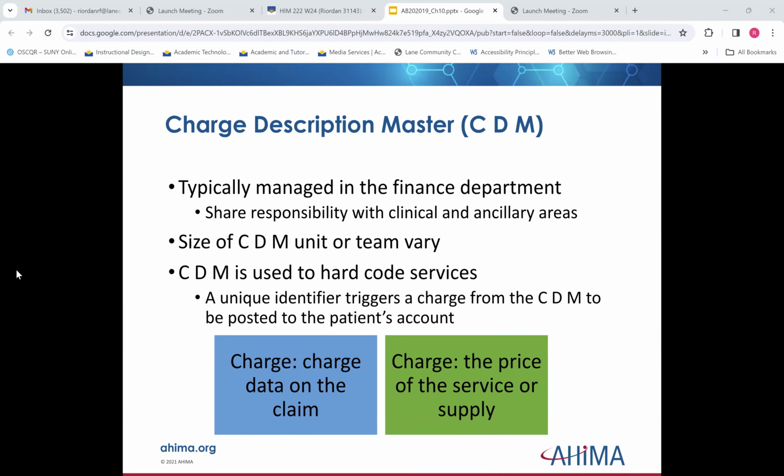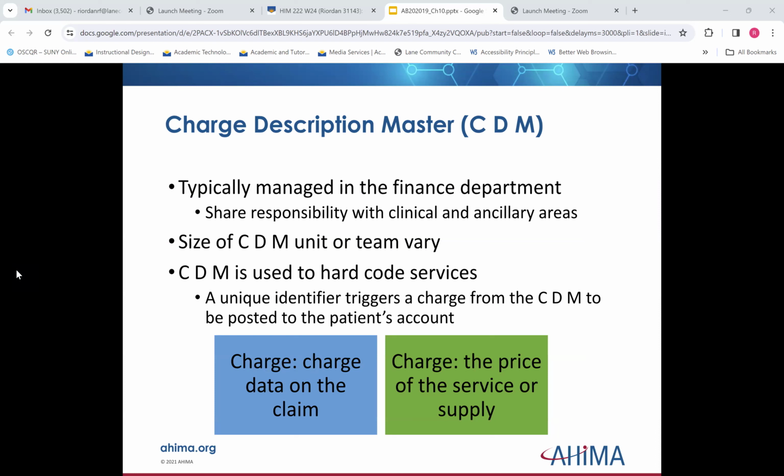And again, the charge description master, or the charge master, as many of us say, is typically managed in the hospital accounting or the finance department. And it's the shared responsibility with the clinical labs, the ancillary areas, and of course, health information management.